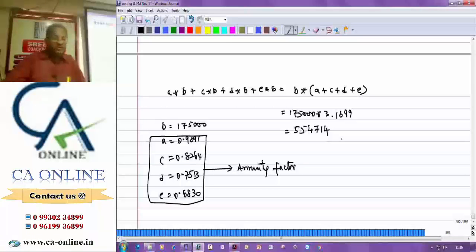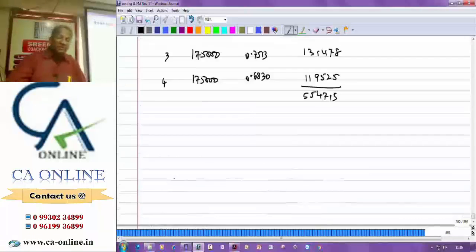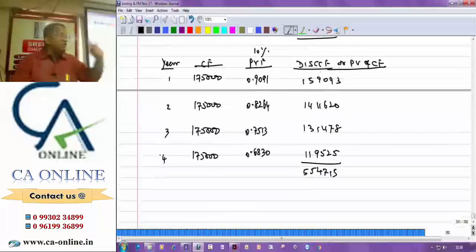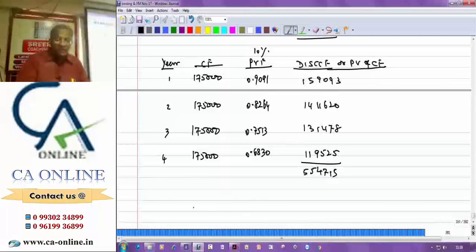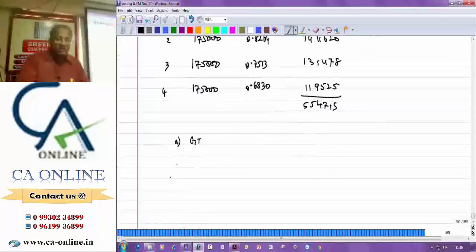Now, what are the new terms that we have learnt in this case? So, 3 new things that we have learned. What are the 3 new things? A, we have just learnt the GT function, that is, auto memory. B, what is the next thing that we have learnt? Annuities.